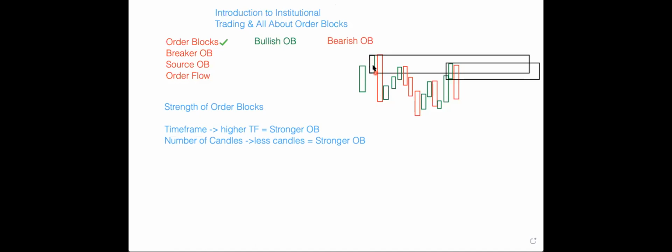This candle is bullish, and then the next one is engulfing this. So this one, we consider it a very strong order block. This one too, because there is only one candle. So fewer candles, a stronger order block. Because in one shot, it's engulfing and covering the whole body, and of course here we don't have any wicks, but if there was a wick, we would consider the wick as well.